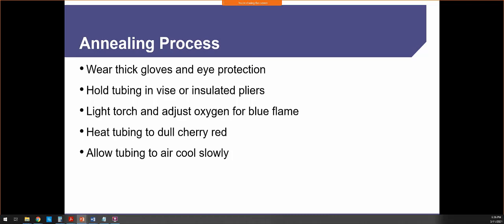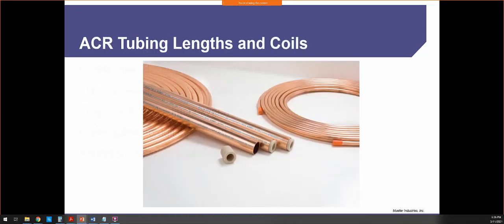We don't want to ever dip the tubing into water. That's going to shock the metal, which can make it brittle. So we always want it to just cool naturally. All right. Copper is going to cool very quickly just because it's able to dissipate the heat through the material itself. So we don't have to sit there for hours waiting for it to cool, like a piece of steel, for example. So keep that in mind.